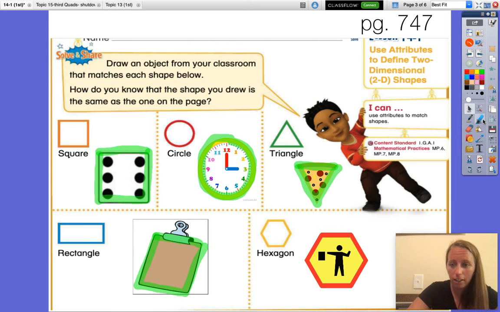So this sign has 6 sides because it's a hexagon. 1, 2, 3, 4, 5, 6 sides. It's the same shape. It has 6 sides. That's called a hexagon. So today we're going to talk a little bit more about shapes and how we can name them based on their sides.